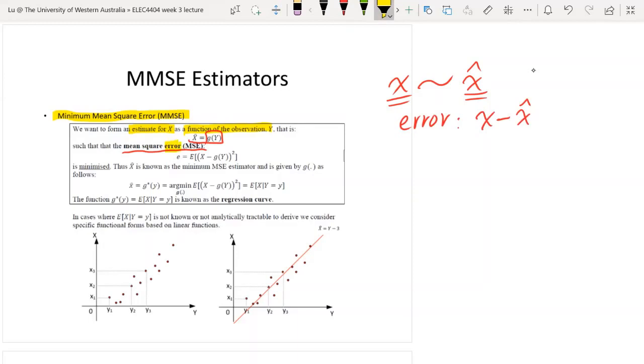And the next operation regarding this one is the square. I will tell you why we need to square it, but the square error is just x minus x hat, and we just square this error. The very last operation is the mean.